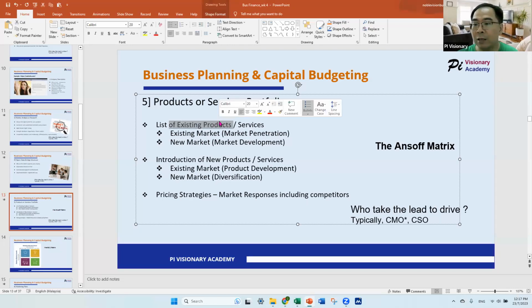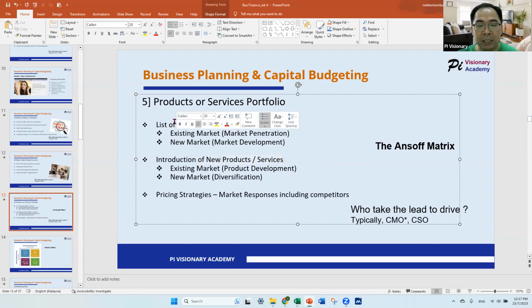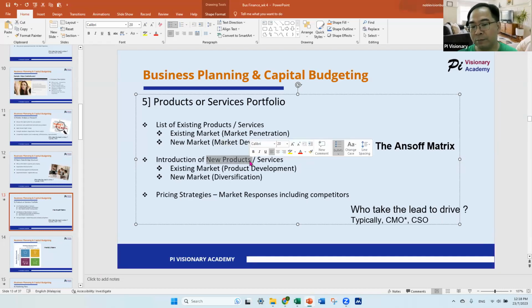You have existing products and new customers. Market means your customer: existing product for your existing customer, existing product for a new customer, or a new product from engineering for the existing customer and for the new customer.